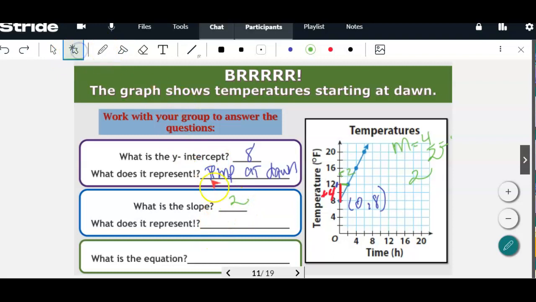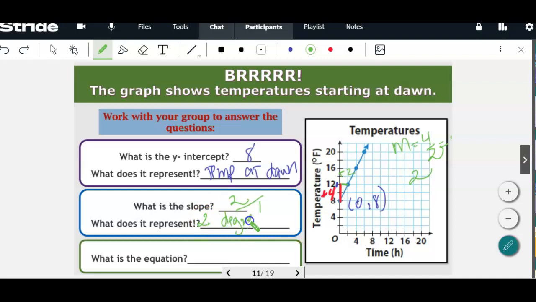What does that represent? So this is time, this is the temperature. So the temperature increases 2 degrees every hour. Okay, because remember you could have a 1 underneath that, so 2 degrees every hour, because it was 4 degrees in 2 hours.